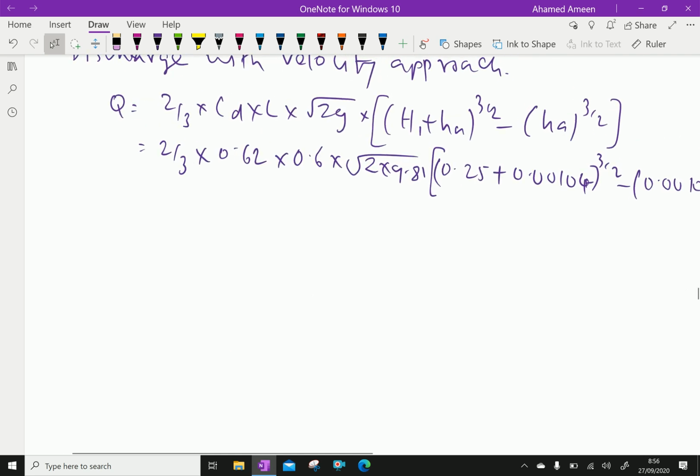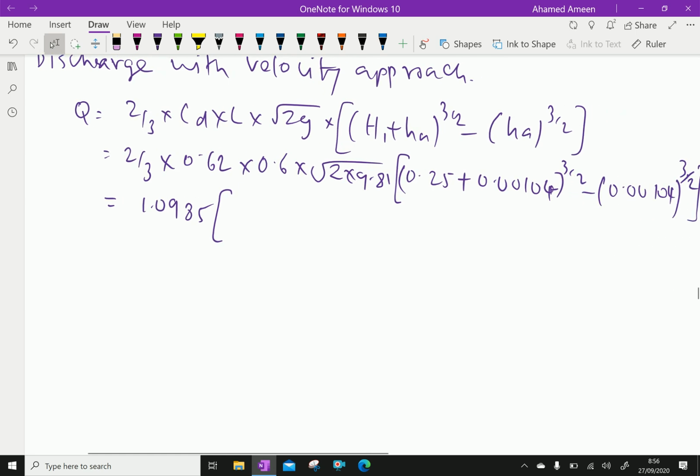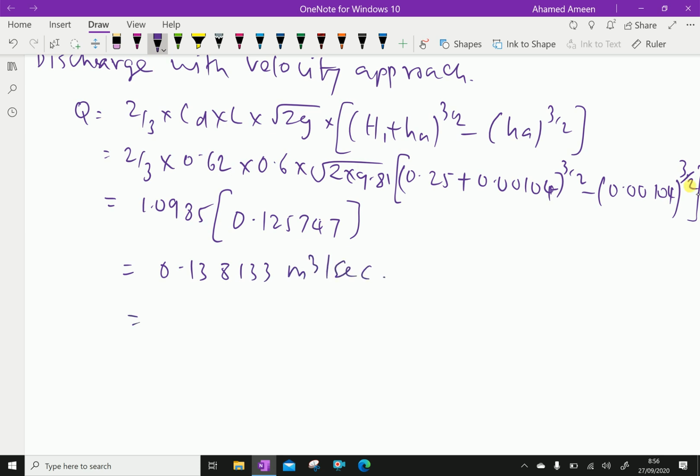Up to this calculation we have 1.09985, into 0.25 plus 0.00104 whole power 3 by 2 minus 0.00104 power 3 by 2, which gives 0.125747, equal to 0.138133 meter cube per second, which is equal to 138.13 liters per second.